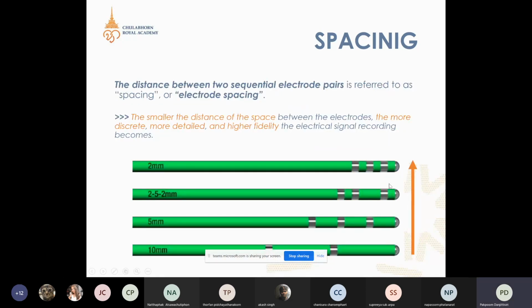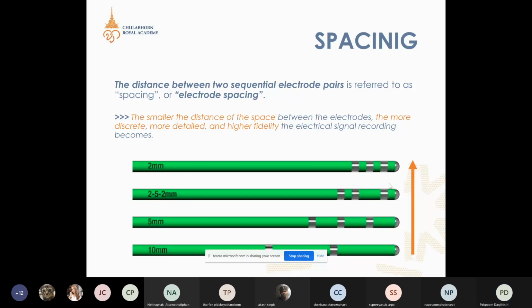Okay, so the main point is that if you want to see the electrical signal more clearly from the heart, you need to use a small spacing distance.